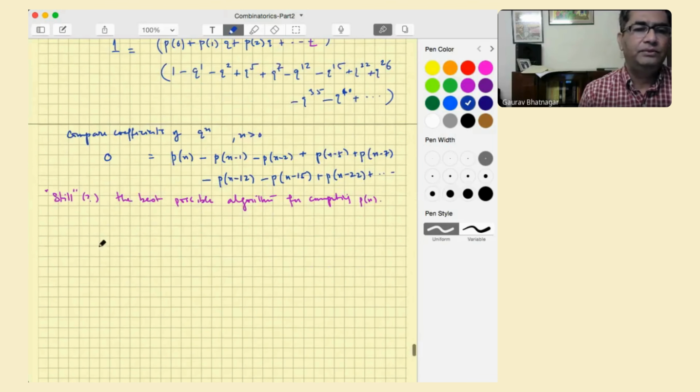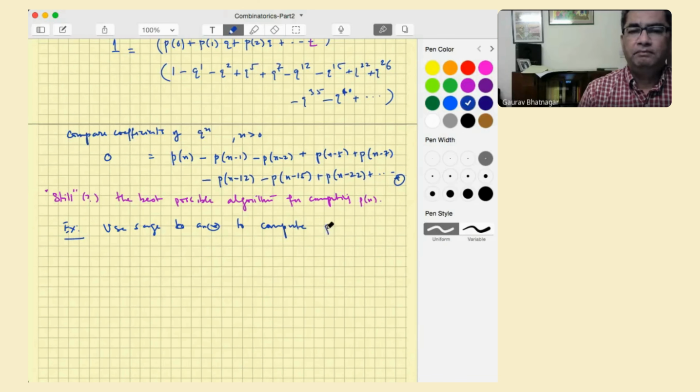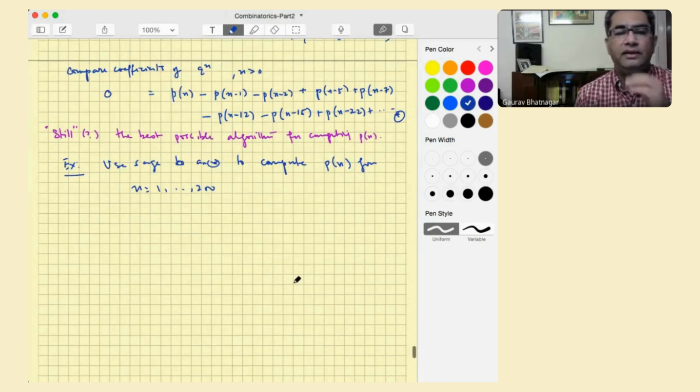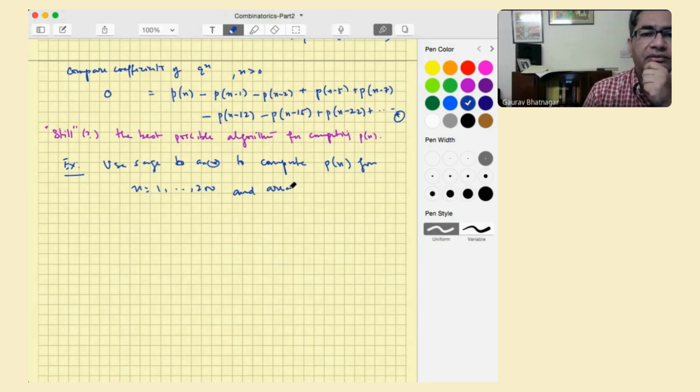And I advise you to do so. So use Sage and compute p of n for n equal to 1 to 200, let's say 200, and arrange in the following form.